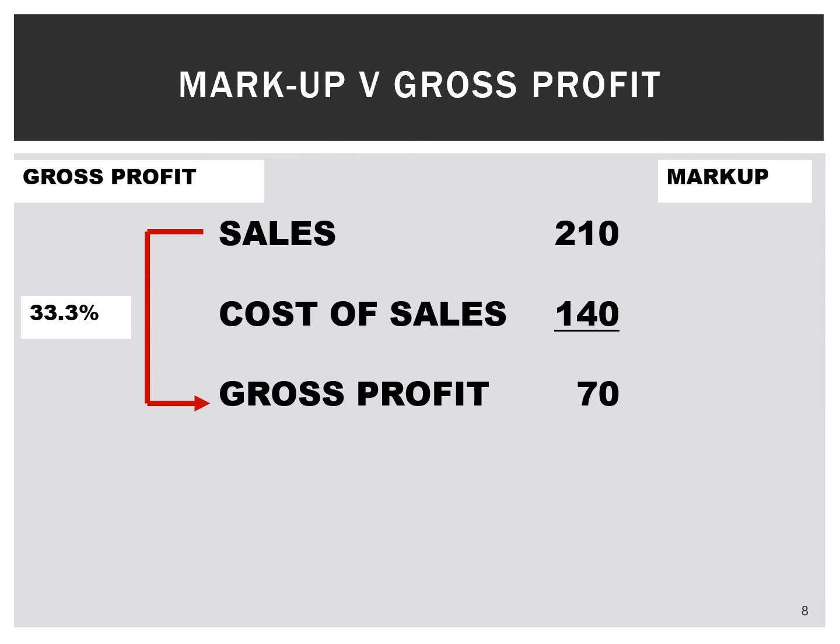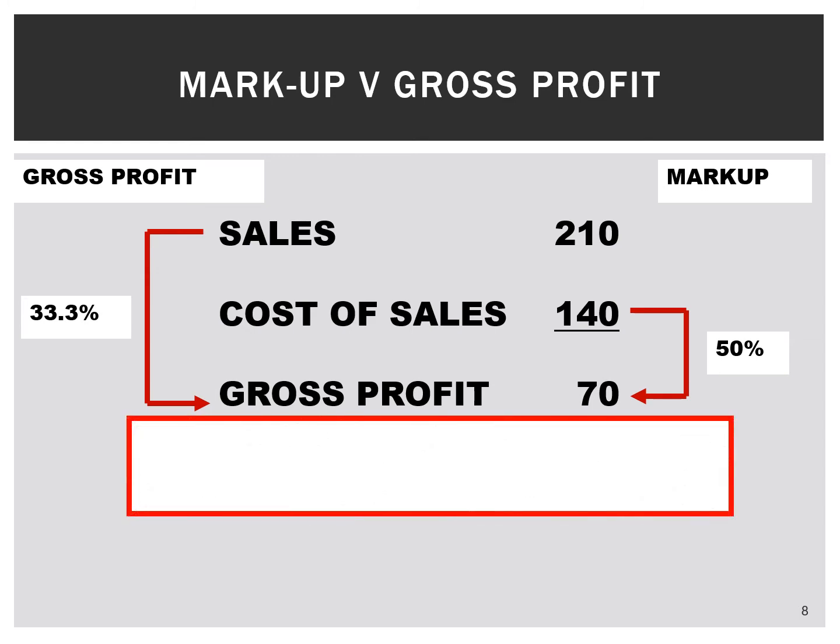The markup figure expresses the gross profit as a percentage of the cost figure, and in this case it's 50%. The markup will always be larger than the gross profit percentage, so the markup is the percentage added on to cost to arrive at the selling price.